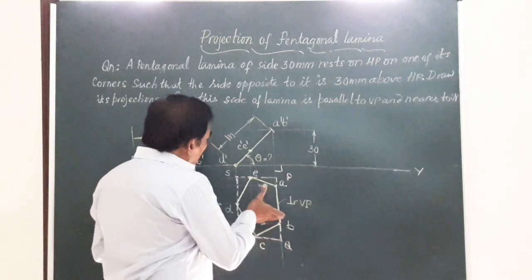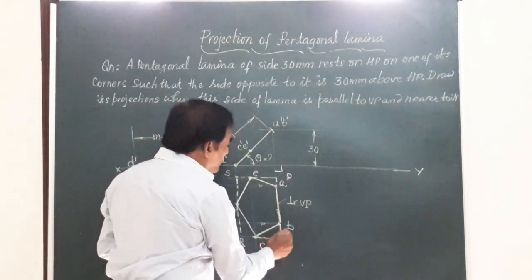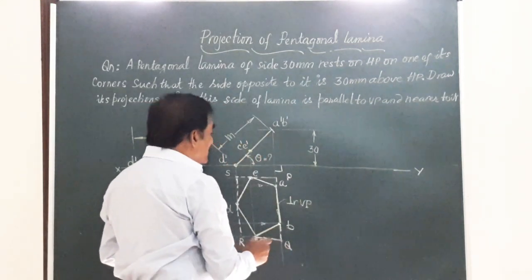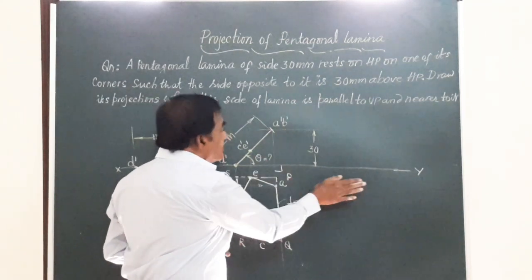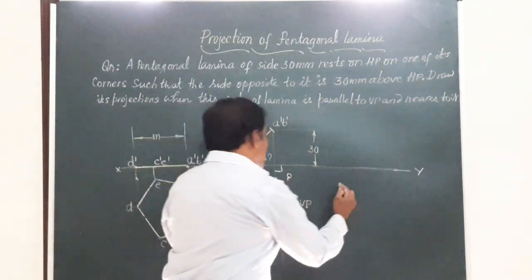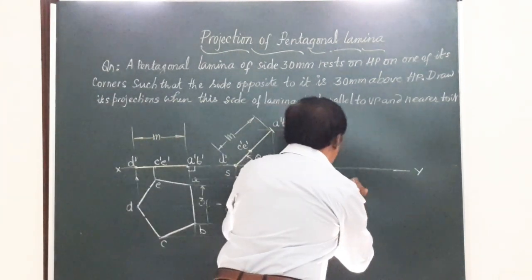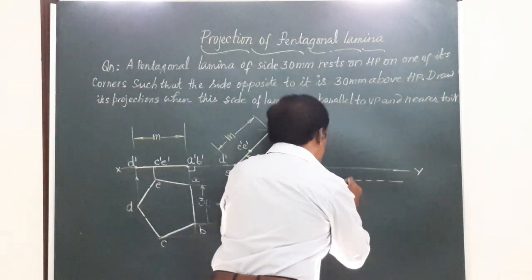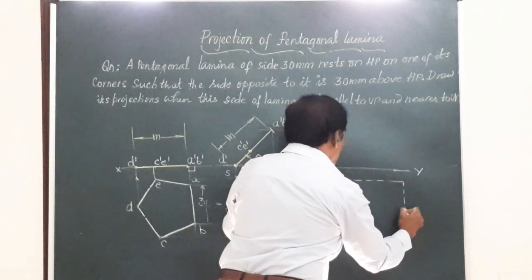So friends, I am going to rotate this to 90 degree such that the side PQ of the rectangle is nearer to XY, because the particular side which is opposite to the corner should be nearer here. So friends, I am going to write or reproduce this rectangle PQRS at any convenient distance, and then locate all the corners of that.